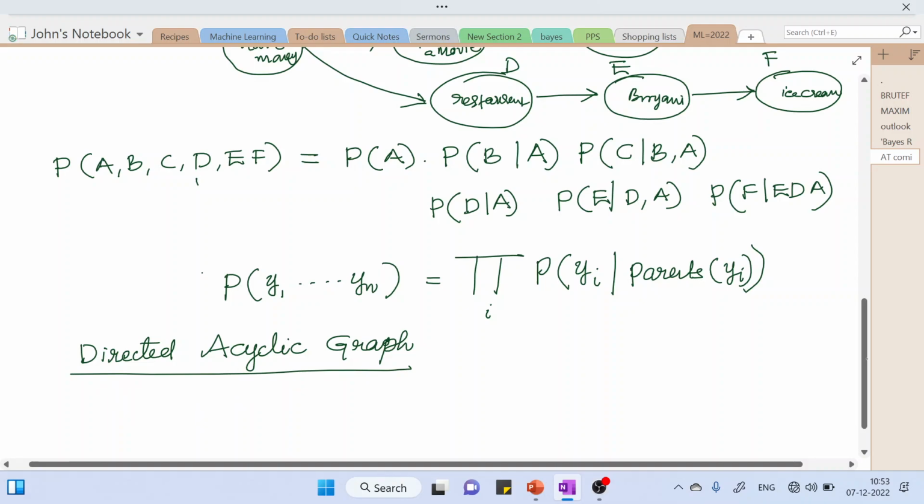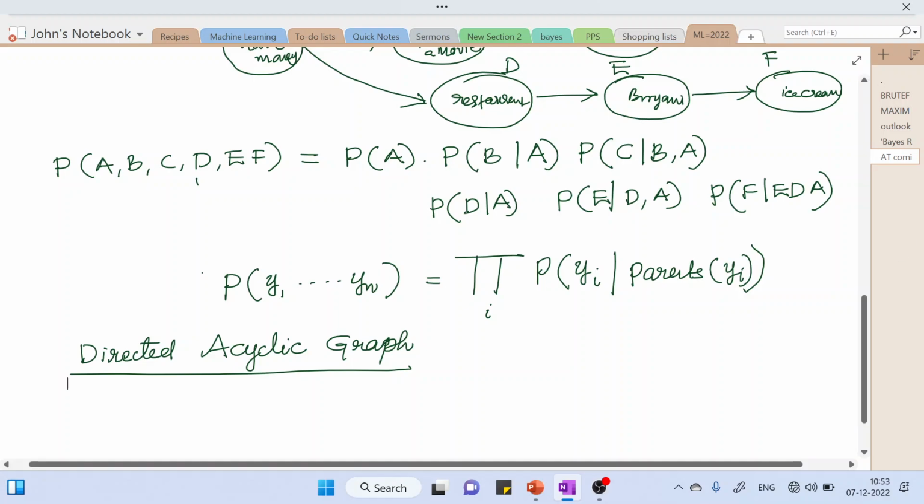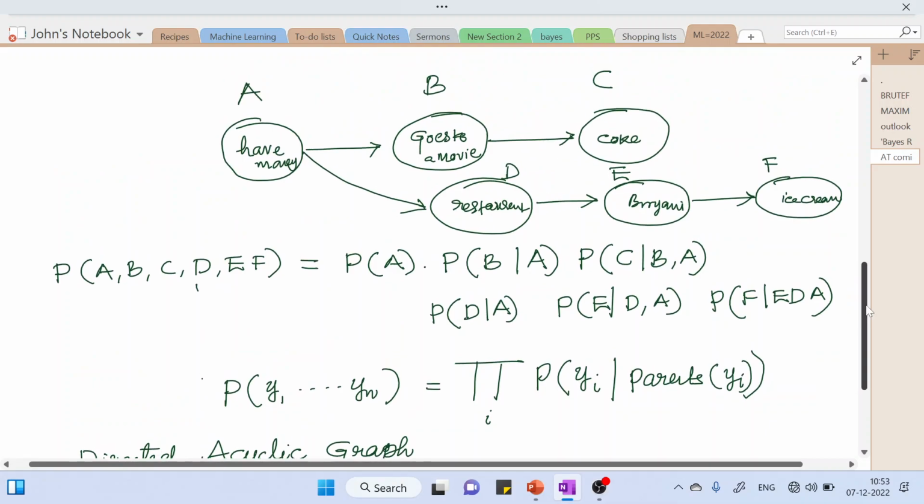Is it clear? What does that equation mean? The probability of all the events occurring together is the product of the probability of yi given the parents, given the occurrence of parent. Going to a movie will depend on whether you have money.